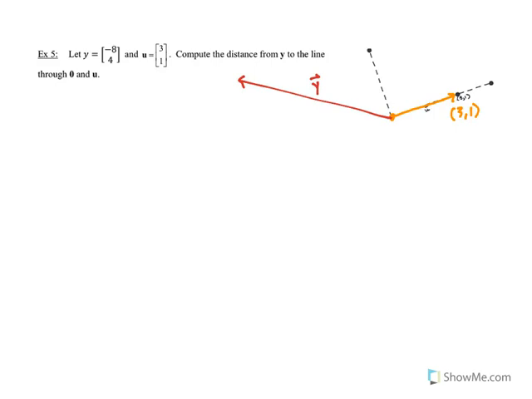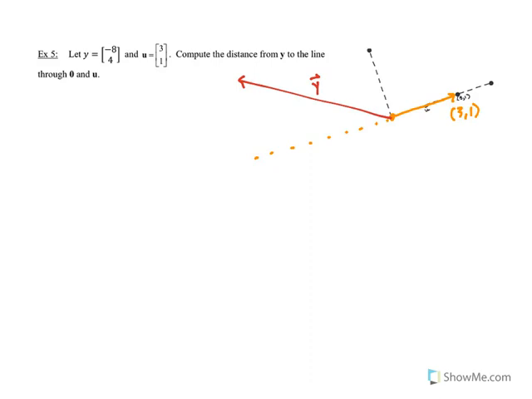Okay, and I want to know the distance from y to the line through 0 and u. All right, so let's draw that line out a little bit. So this is u, and I assume that this was the origin.